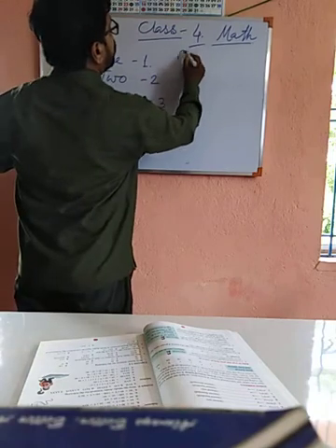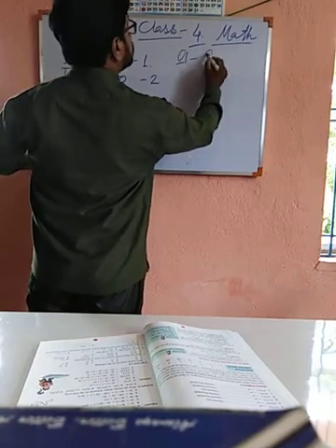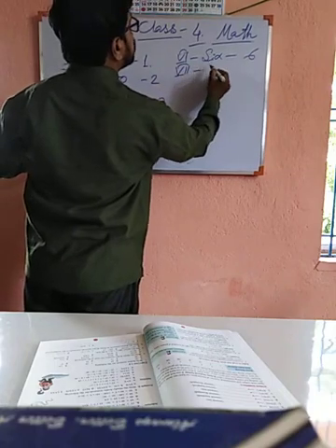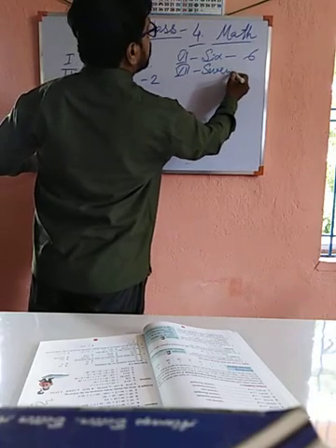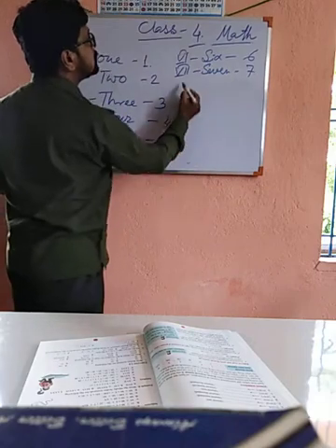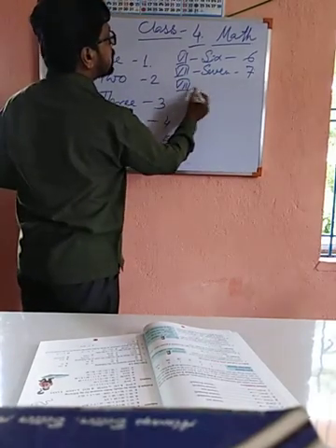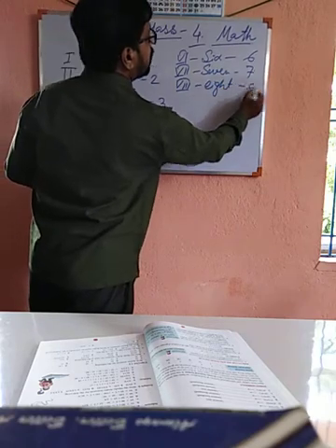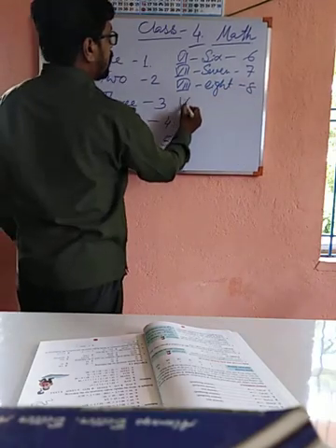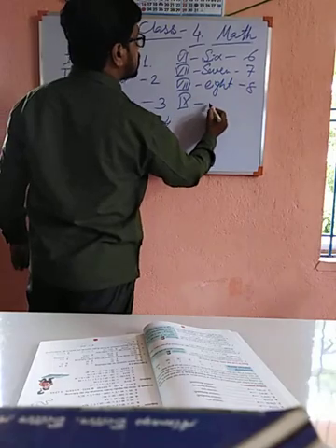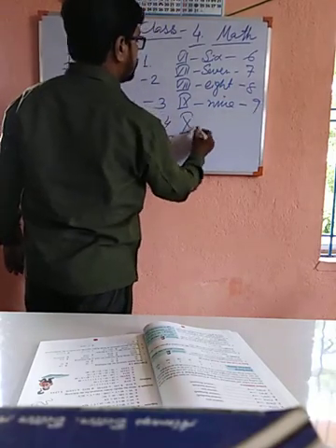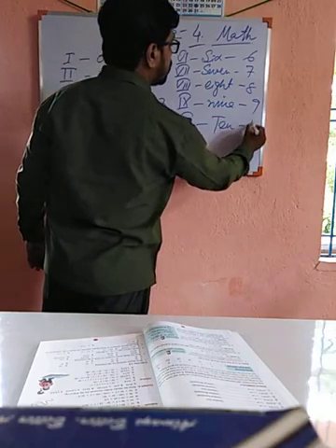Now VI is 6, VII is 7, VIII is 8. Now you can write this as IX, 9, and this one is X, 10.